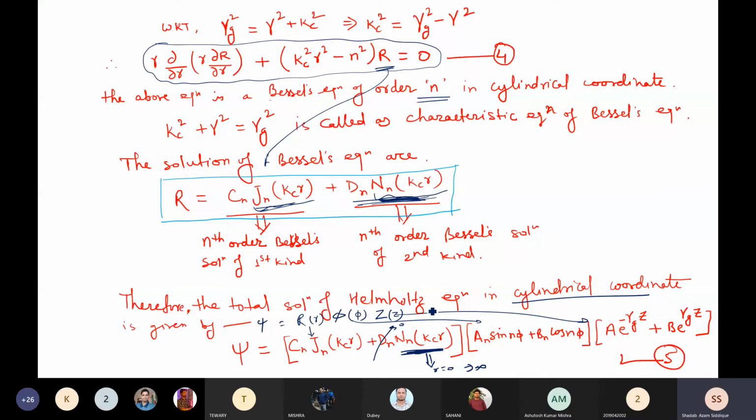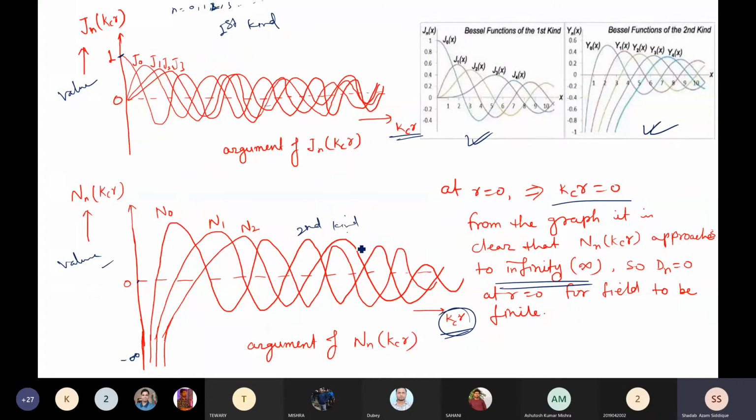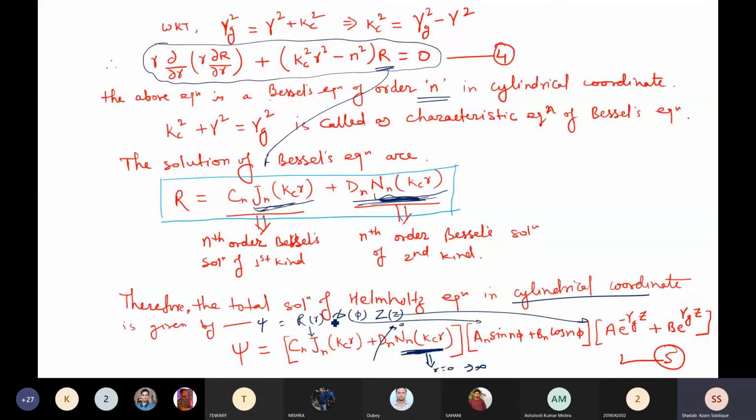We need to analyze this Bessel function by applying it at r equal to 0. At r equal to 0 the second-kind term becomes infinite, but the field should be finite, so the solution must be finite. To make it finite, Dn should be equal to 0.